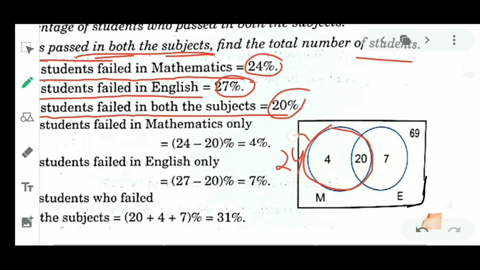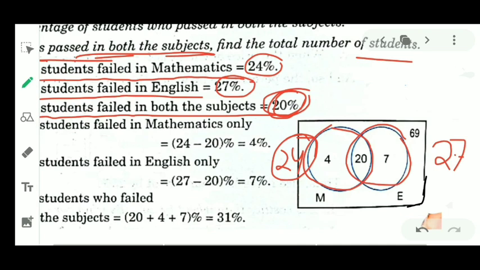Let's assume 24 students failed in mathematics, and 27 students failed in English, and 20 students failed in both the subjects, that means both mathematics and English.